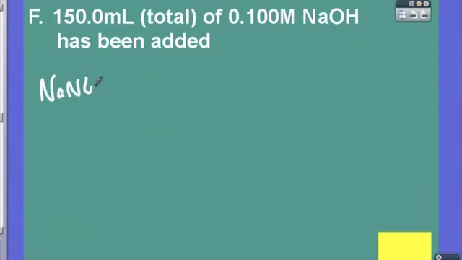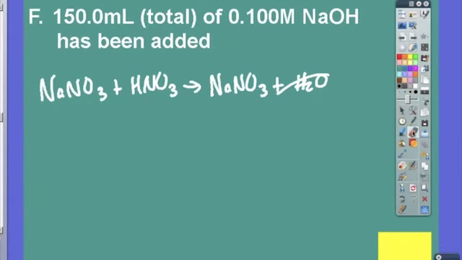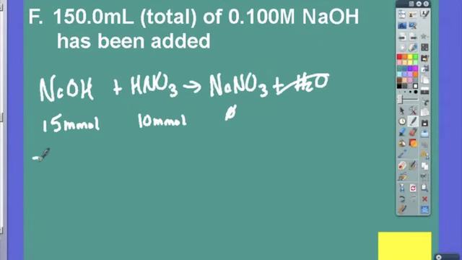Okay, go ahead and set up your table for this one. And that should be sodium hydroxide plus nitric acid. We have 15 millimoles, still have 10 and 0. React it out, minus 10 plus 10.